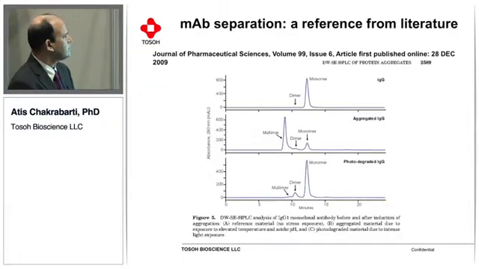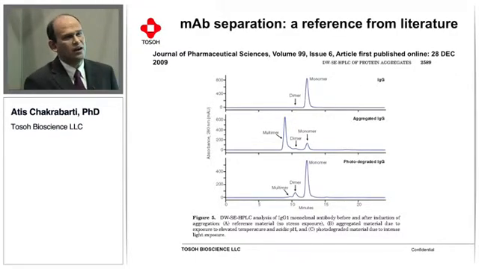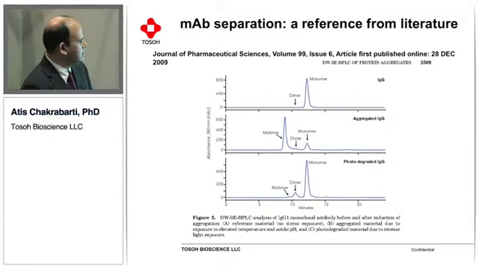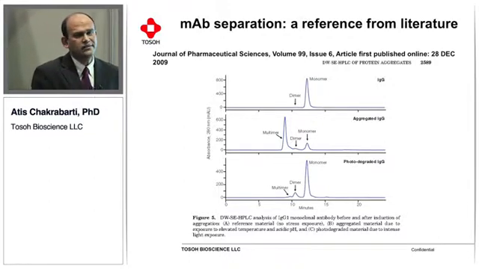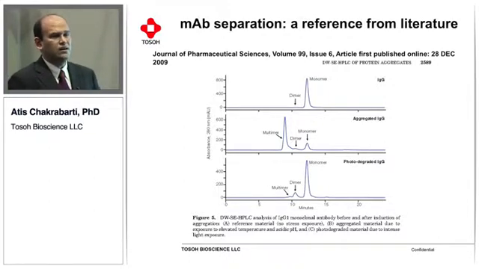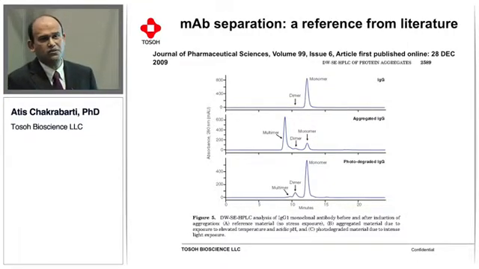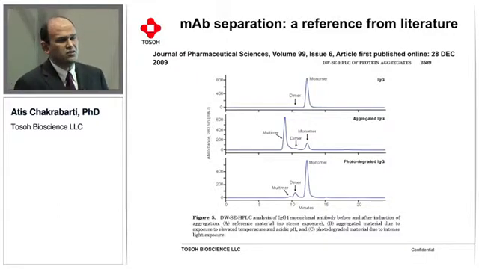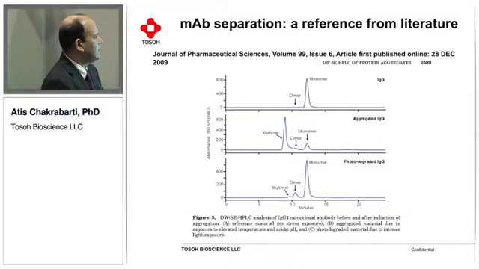Next slide please. This is a reference I took from an article recently published in this particular journal. It's a very nice article where they have used the TSK gel G3000 SWXL column for the separation of the IgG monoclonal antibody, and they have induced the aggregation as a function of light.